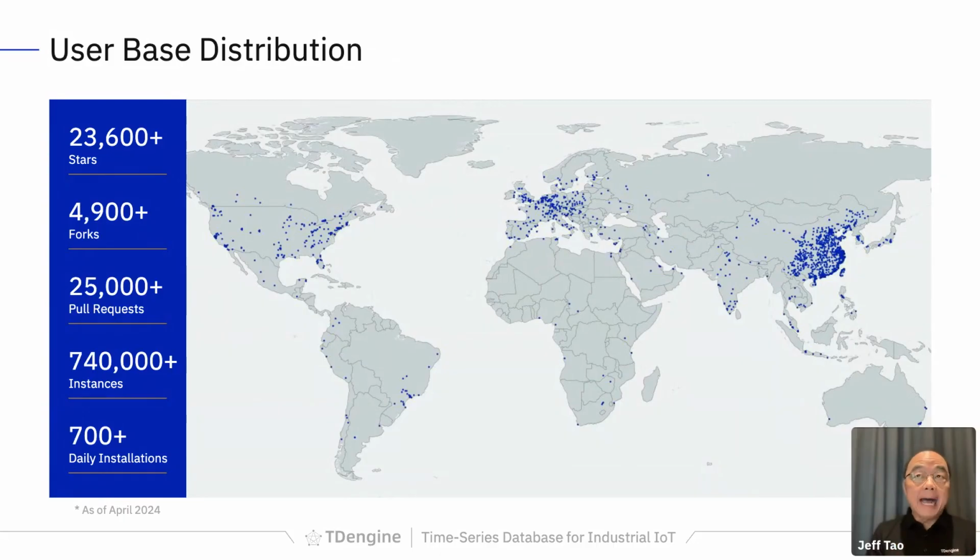So our GitHub repo is very active. The most exciting part for me is we already have over 740,000 installations from over 60 countries or areas. Every day, there are at least 700 new installations worldwide.